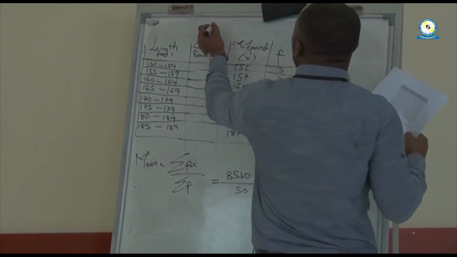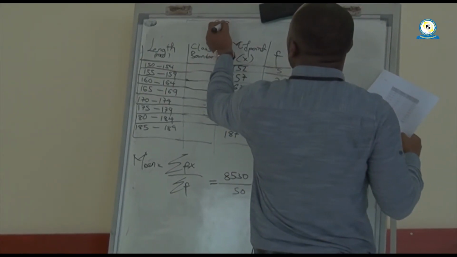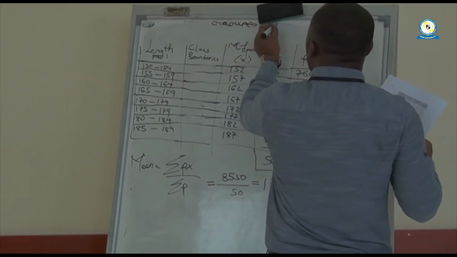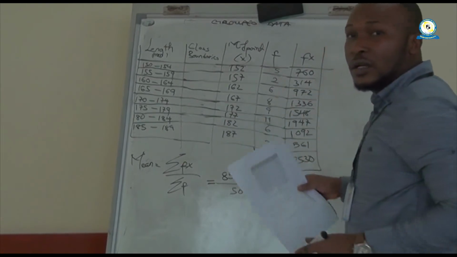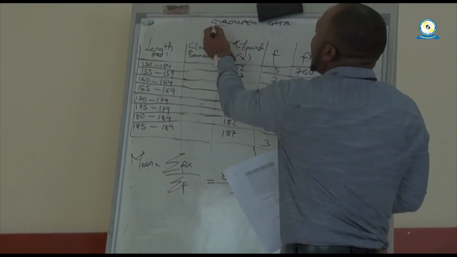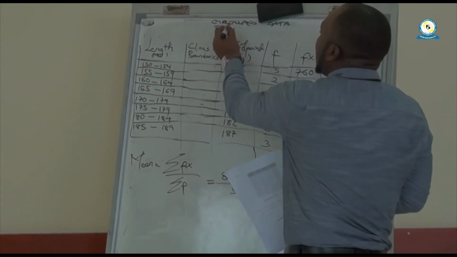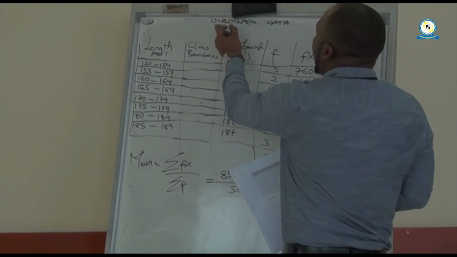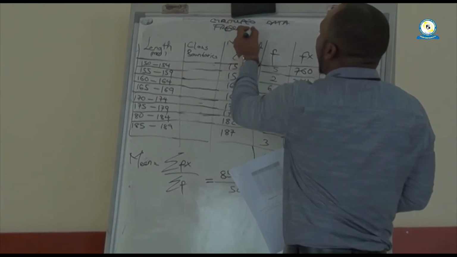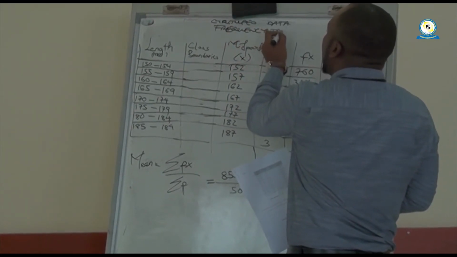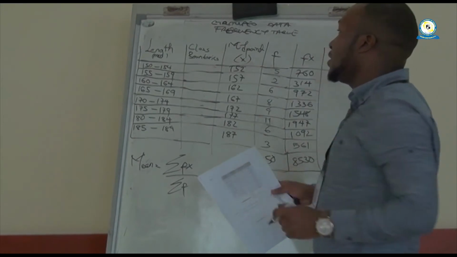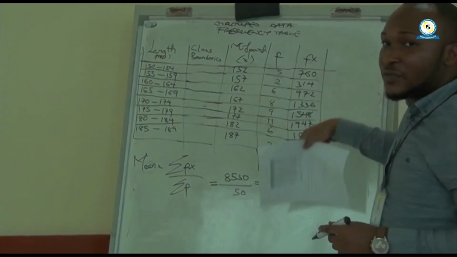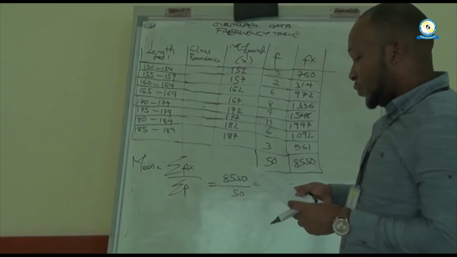This is group B data, and this table is called the frequency table or distribution.